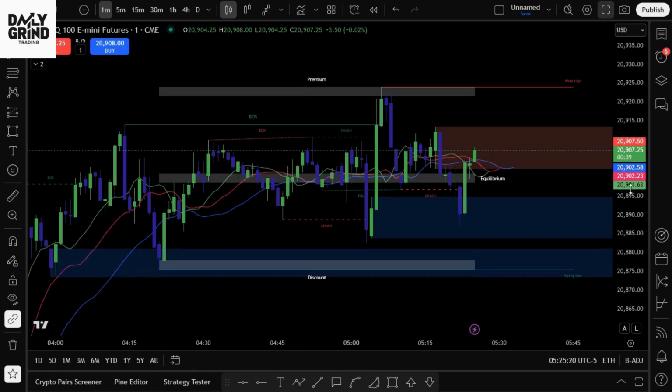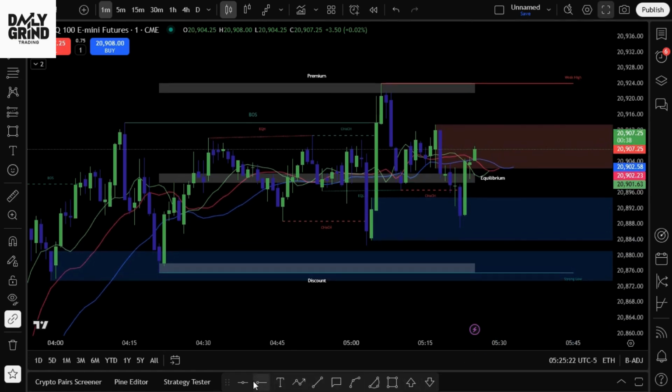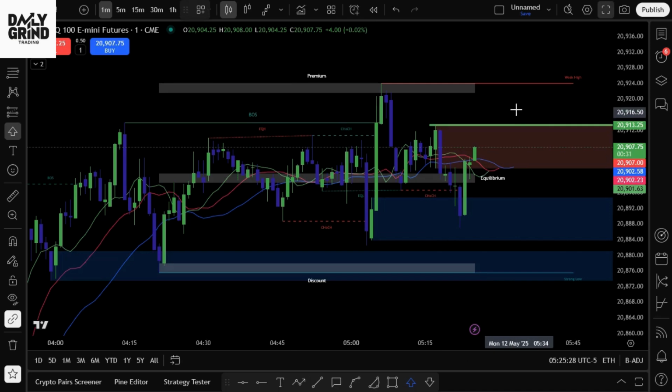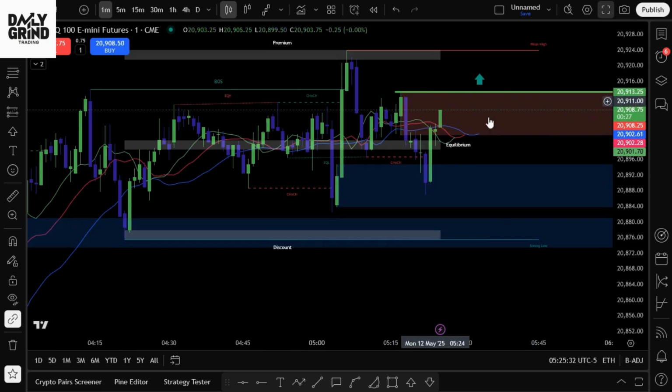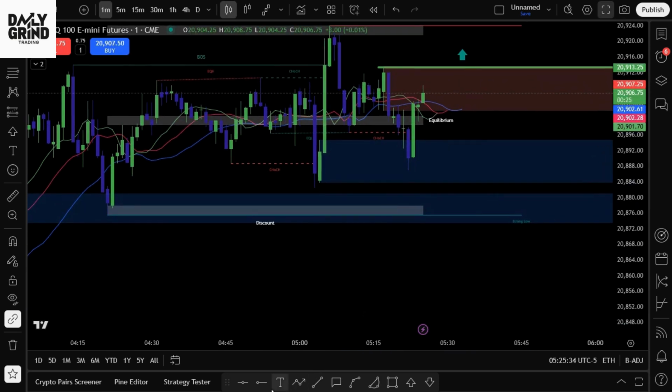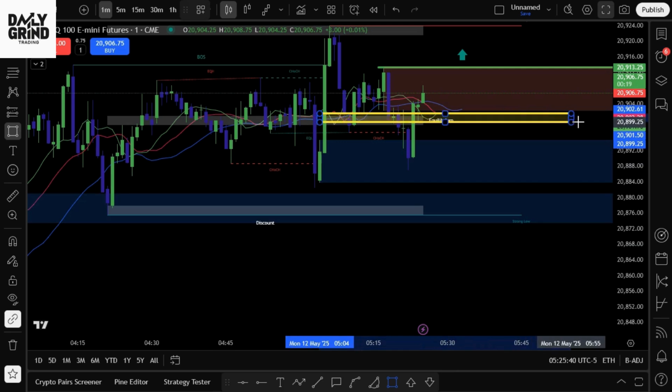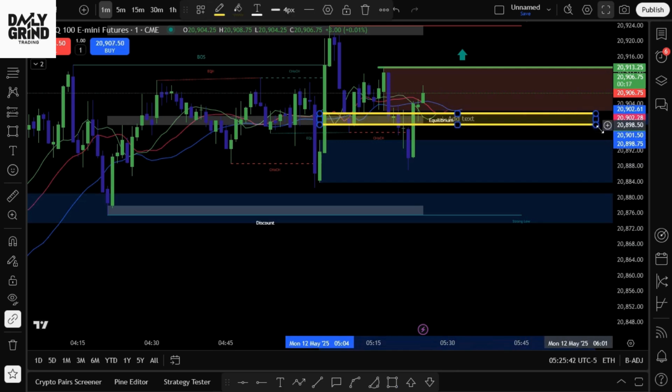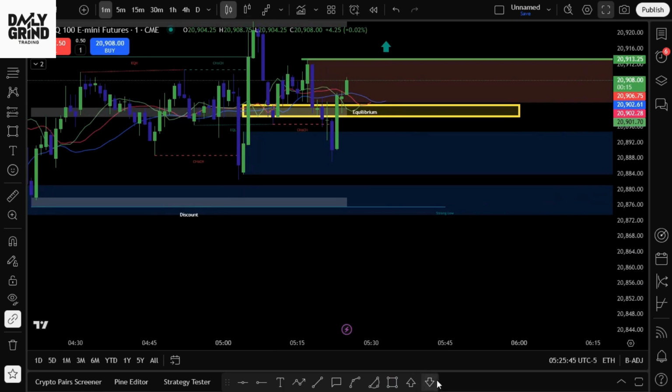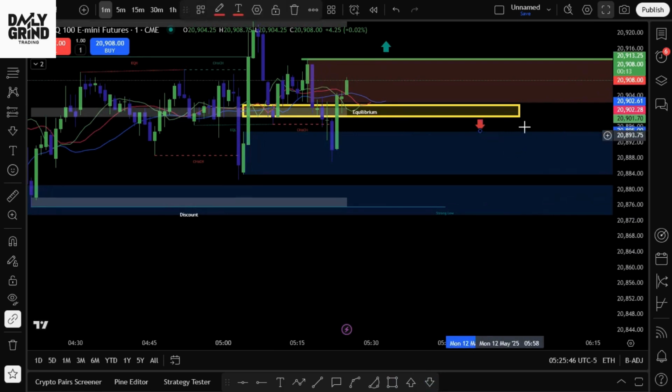What I would be looking for is the price to break this high here to continue up. But if I see a failure here at this level and a break below this zone here, I look for price to continue lower.